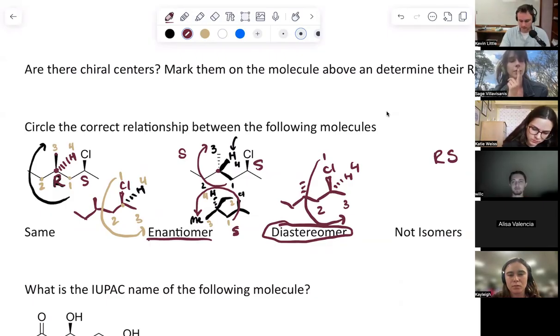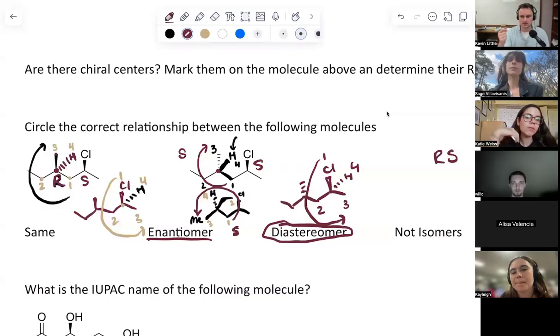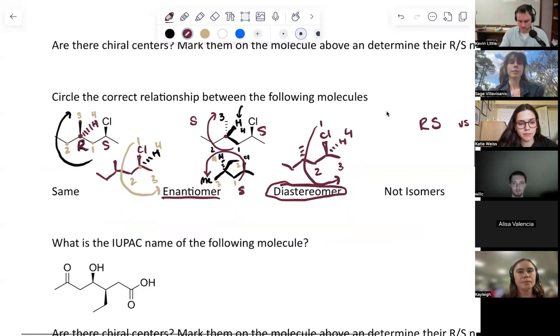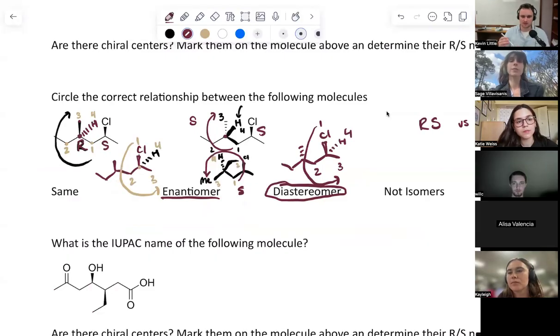Thank you. Yeah, the priority is a little confusing, especially since for naming we also said priority, but there it's a separate priority system for naming than it is for this, which is called Cahn-Ingold-Prelog configuration. It's a different naming system entirely. You have to go atom by atom. And honestly, it becomes pretty intuitive.